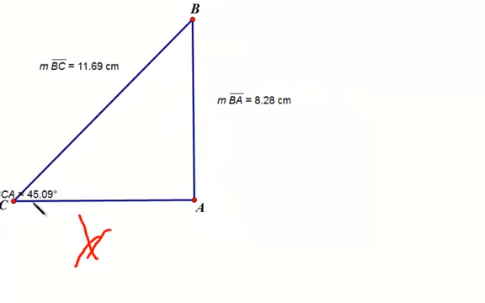So to find x, we did sine to get this side, but since we want adjacent to be in the equation, we can either do TOA, tangent equals opposite over adjacent, or we could do cosine, adjacent over hypotenuse.